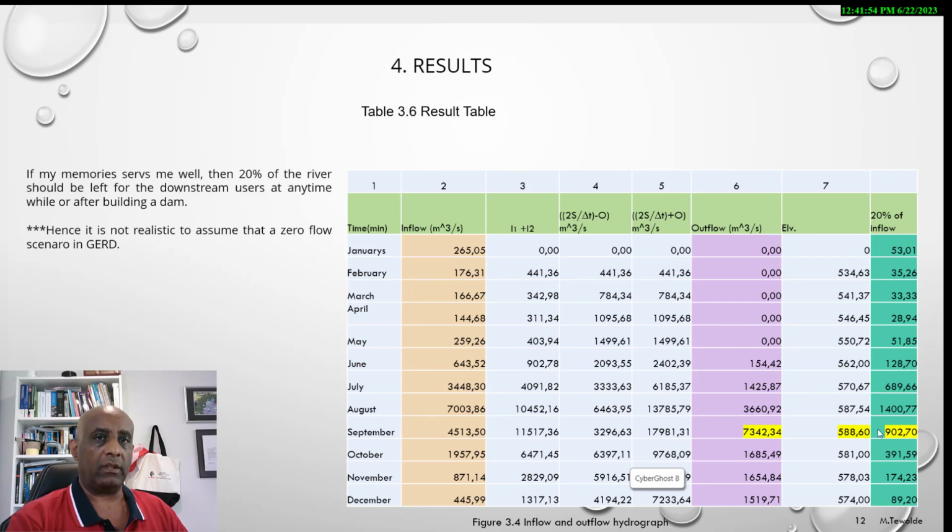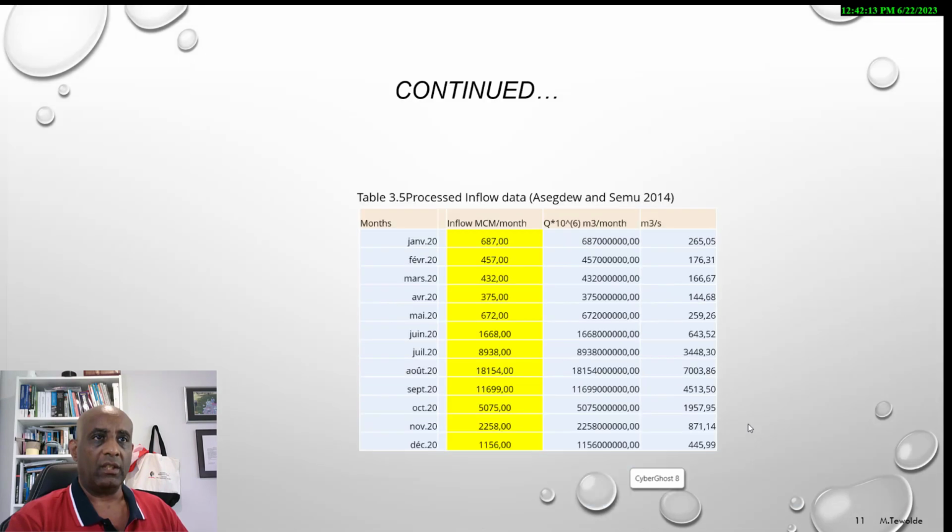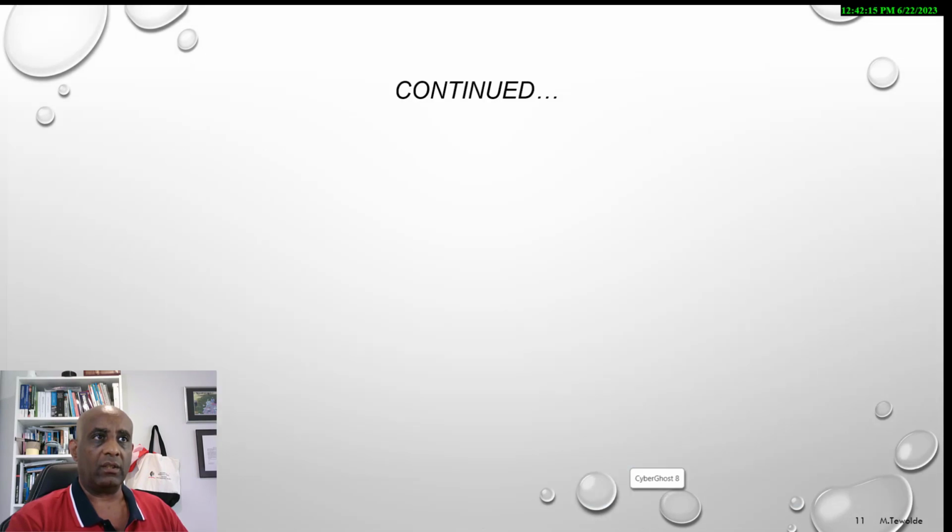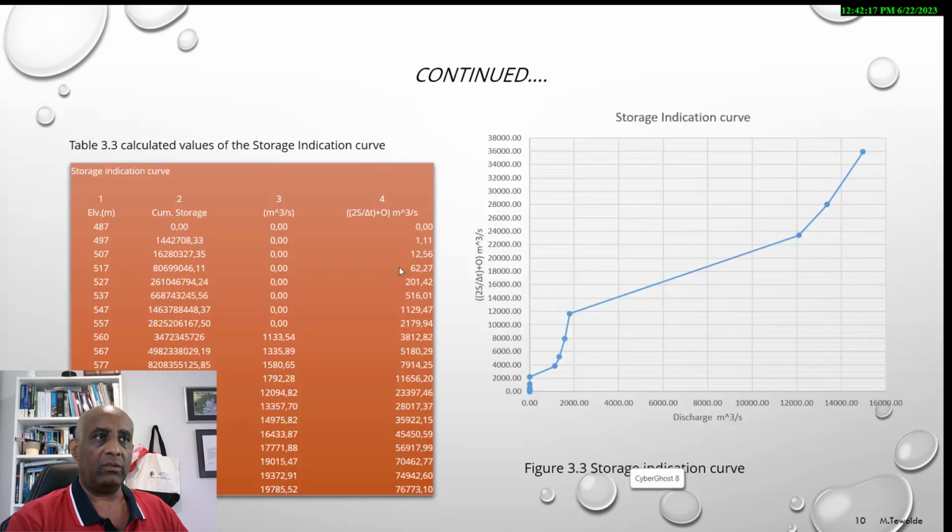And the elevation level is this one, the outflow. This one is a bit higher than the one calculated in the HEC-HMS, because of the interpolation reference I use. I use this one and this one to calculate the outflow.